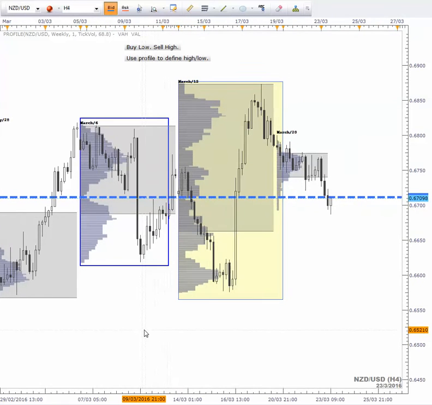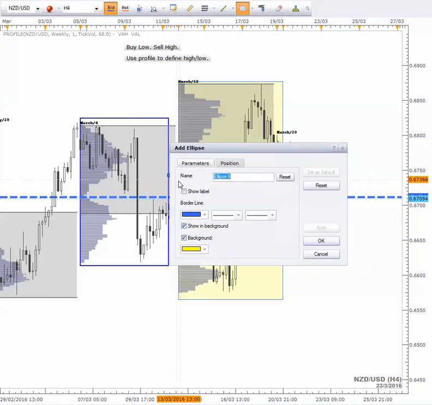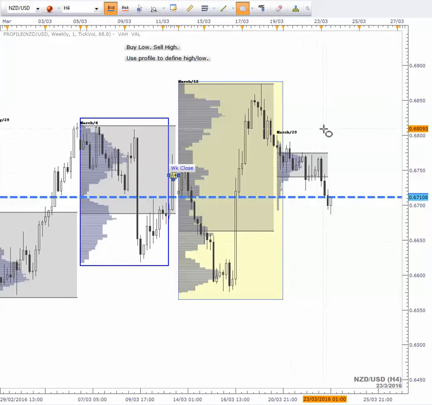The week closed here. The week close was right there.